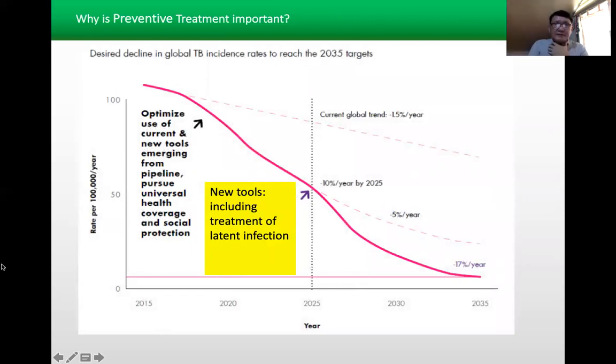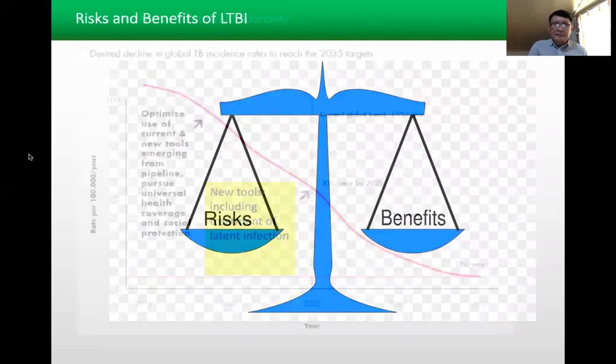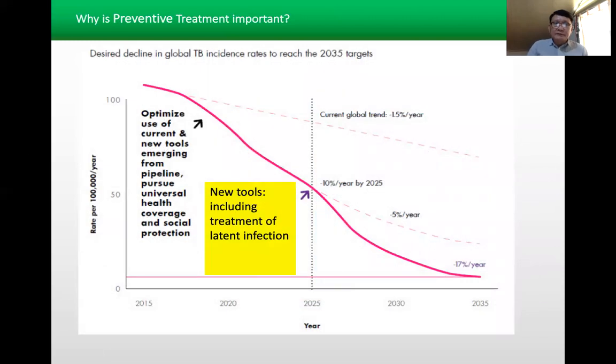So why is preventive treatment necessary or important? It is important because, as already mentioned, LTBI, the latent TB infections, are the reservoir of active TB disease.